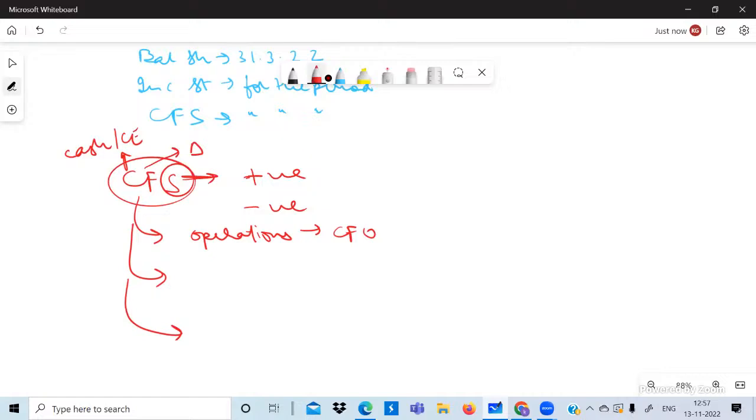If it's from your investments, then you call it cash flow from investing activity. And if it is because of the money that you've raised, that is finance, then it's a part of cash flow from financing activity.